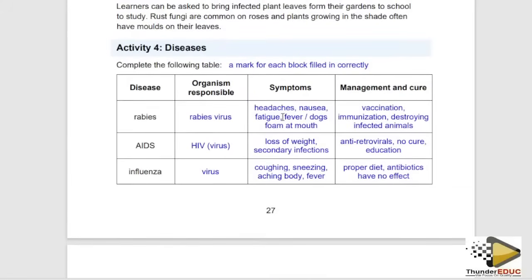But don't expect to have all these diseases, because rabies and AIDS and influenza, all of them are being caused by a virus. We are not going to bring all of them. Remember, one teacher will be focusing on this, another teacher in another school on that.